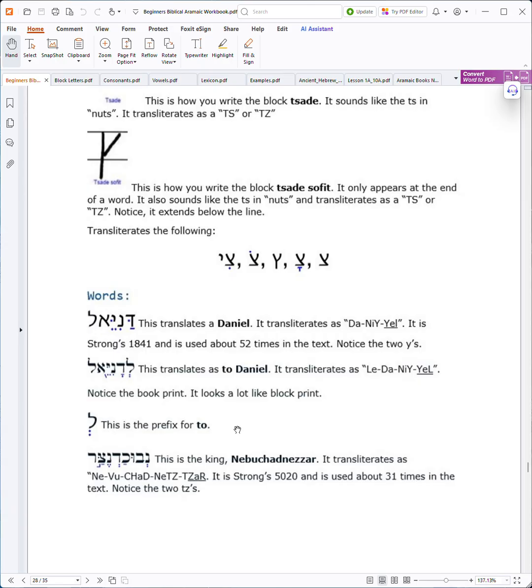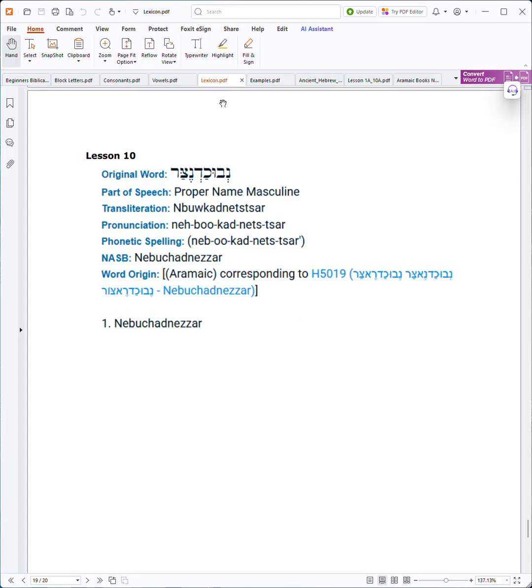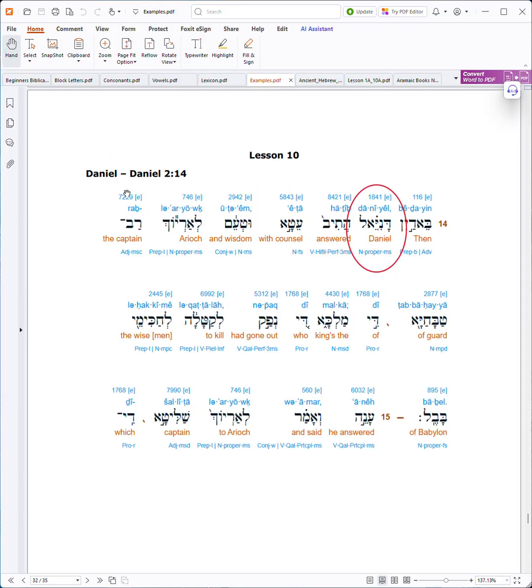So then the next word we get into, we want to see an example of Daniel, and we don't have it, but we got it here. Okay, so here's Daniel. They didn't put the two Y's. They should have put the two Y's.